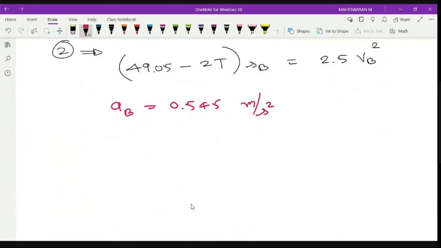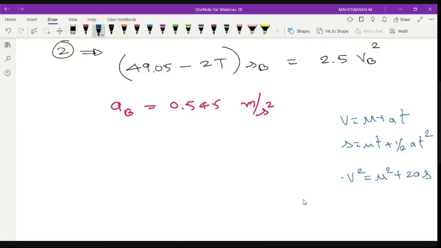Now, if I get acceleration as 0.545, what will be your other values, the velocity and the distance? Because we have a relation in terms of that. Again, we use the same formula. The best suitable formula here is the last formula, v square is equal to u square plus 2as.